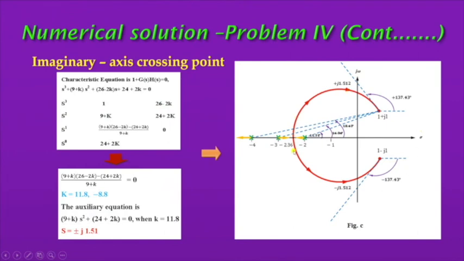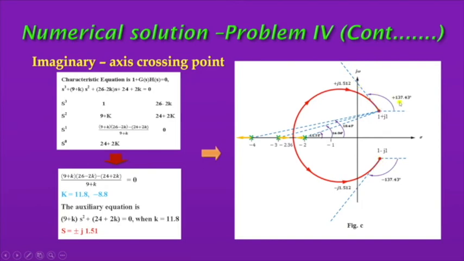Then draw the root locus. The root locus branches start from minus 2 and minus 3 and meet at that point. This is the breakaway point, and they finish at the finite zero.